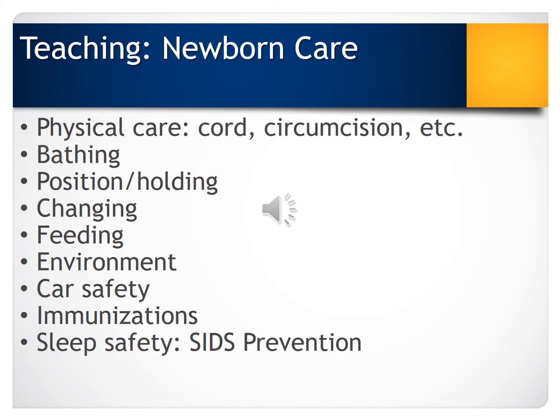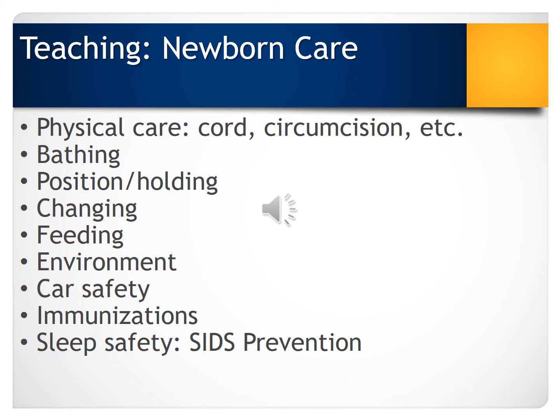All right. So things such as, how often should she be feeding, which varies depending on if she's breast or formula feeding. Car safety. Do you know how to put the baby in the car seat appropriately? The schedule of immunizations and what immunizations are given prior to discharge, and then what's the follow-up of that. Importance of sleep safety. Where is the baby going to sleep?